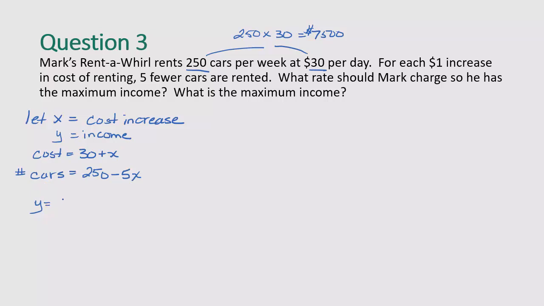So Y is going to be the cost, 30 plus X, times the number that I sell, 250 minus 5X. And I'll simplify that and put it in standard form.